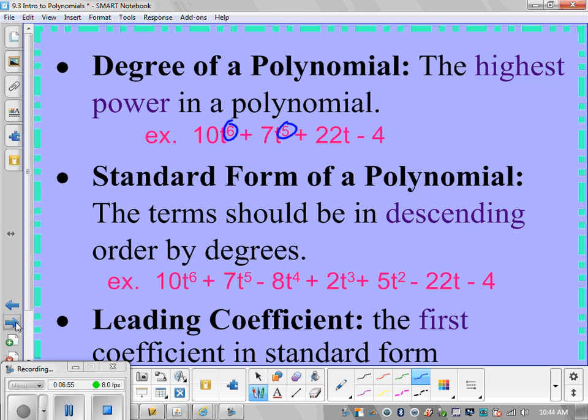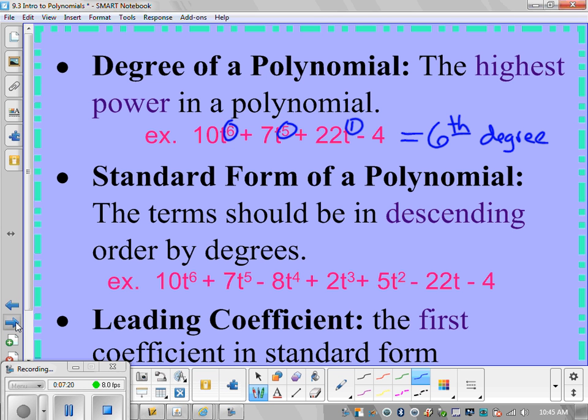There's a 6, a 5, and there's really a 1. If I ask for the degree, the highest power exponent is 6. So this would be a 6th degree polynomial. Yes, I would like you to write that example in your notes and label it as 6th degree.